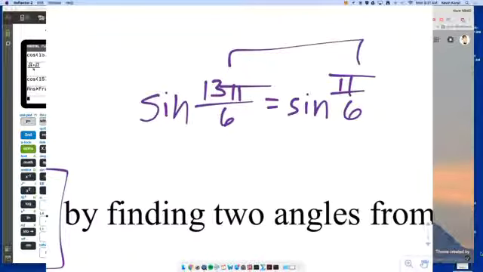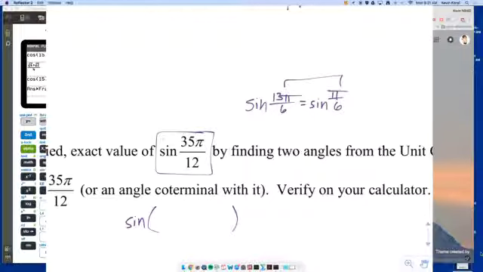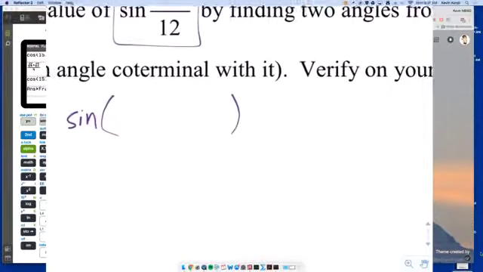So even 13 pi 6 and pi 6, even though they're not the same angle, because they're coterminal, they're going to have the exact same sine ratio. Okay, so expand it first. Once you find your two angles, you have to expand it first, because you can't simplify your coterminal angles until you have a single trig function.